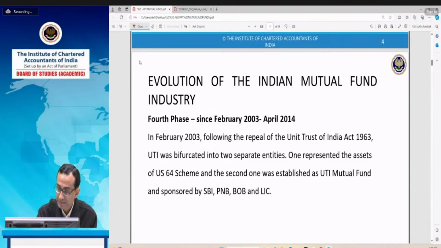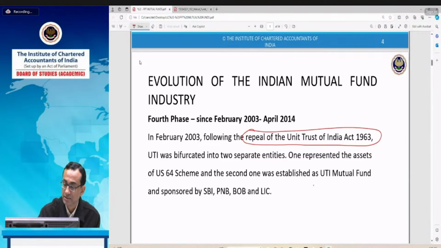The important development which took place is the repeal of the Unit Trust of India Act. The Unit Trust of India Act was repealed, removed, and UTI was bifurcated into two parts.